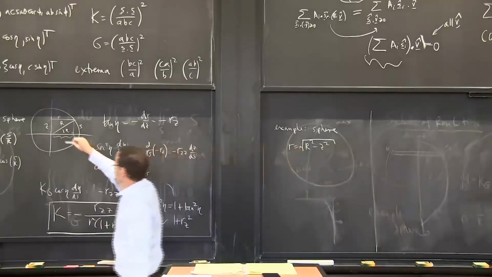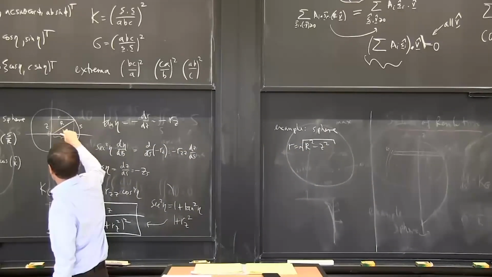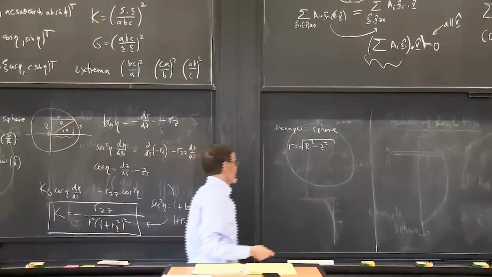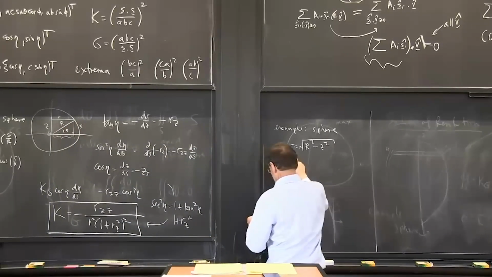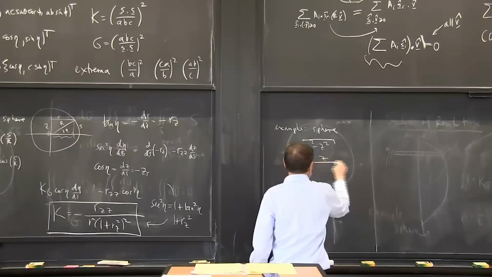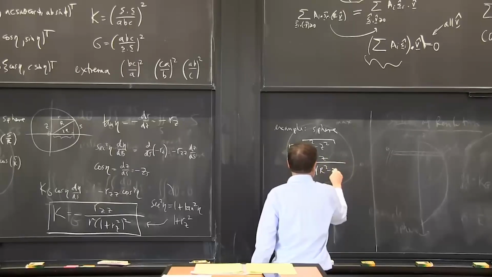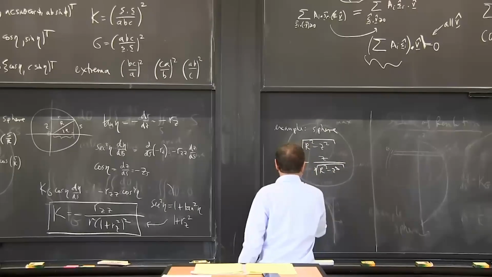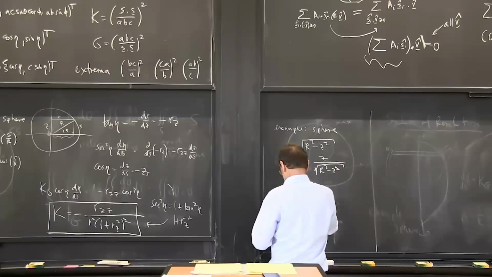Assuming that z starts at 0 at this point. And so r_z is minus z over square root of R squared minus z squared.